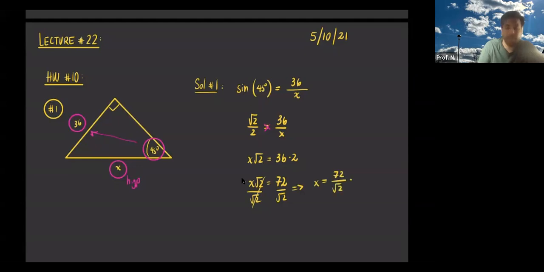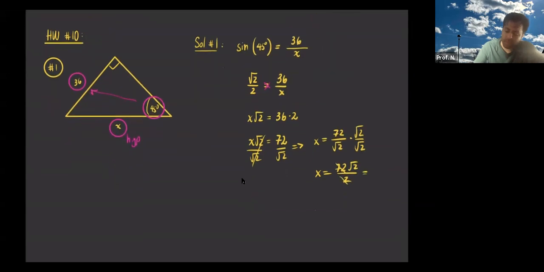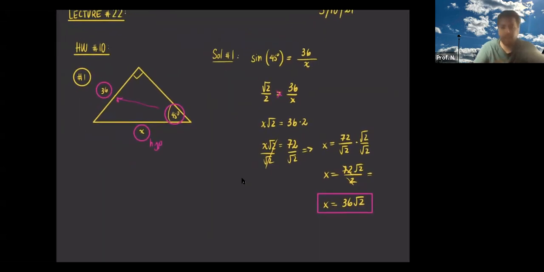And then if you want to rationalize, you multiply by rad 2 over rad 2, and I get that x is equal to 72 rad 2 over 2. Then these 2's cancel into the 72, and I get, finally, my answer, 36 rad 2. So this is like the standard way of getting the solution.